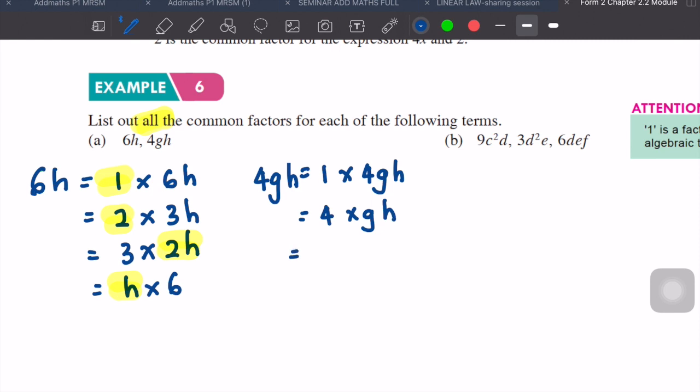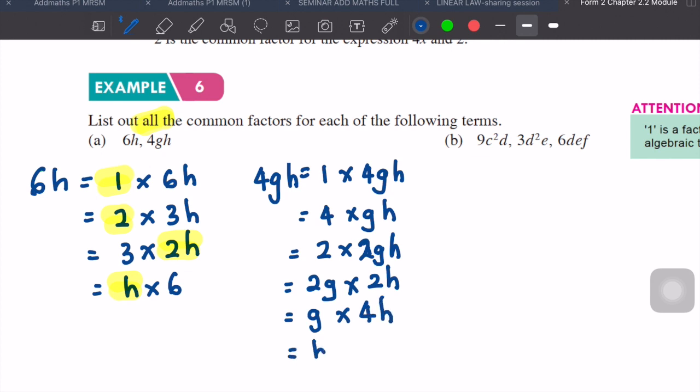Then you can write 2 times 2gh. Next, 2g times 2h. What else? You can also write g times 4h. You can also write h times 4g. So these are all the factors for 4gh.